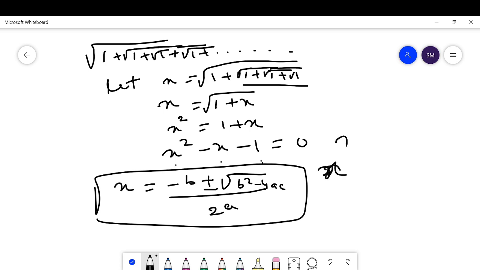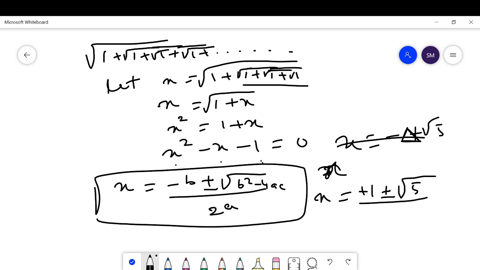The value of x is equal to minus b, here b is minus 1, so minus of minus 1 is plus 1, plus or minus square root of b square minus 4ac, minus 1 whole square minus 4ac is equal to 5, upon 2.